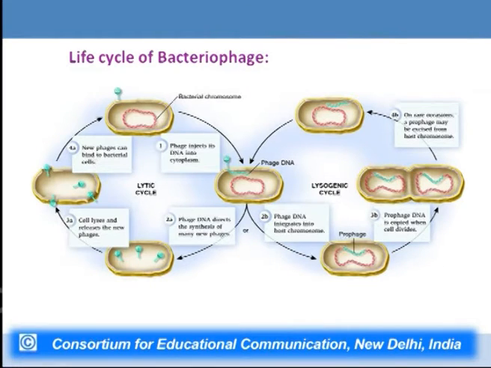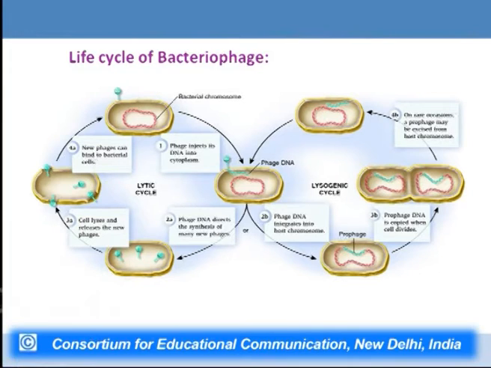This particular diagram shows the difference between the lytic cycle and lysogenic cycle. The difference is that in the lytic cycle the phage DNA is inserted into the bacteria and it overtakes the host machinery, and it leads to production of new bacteriophages and the bacterial cell is lysed.